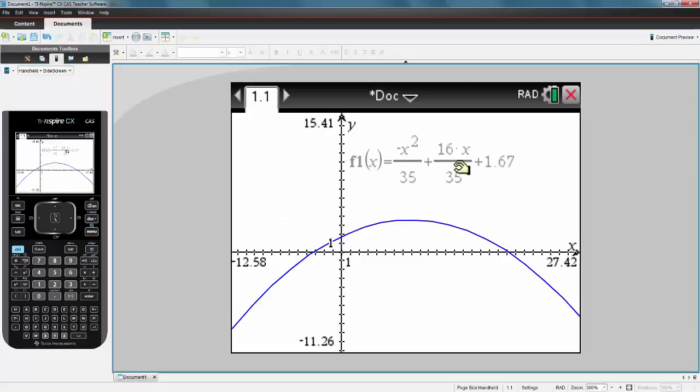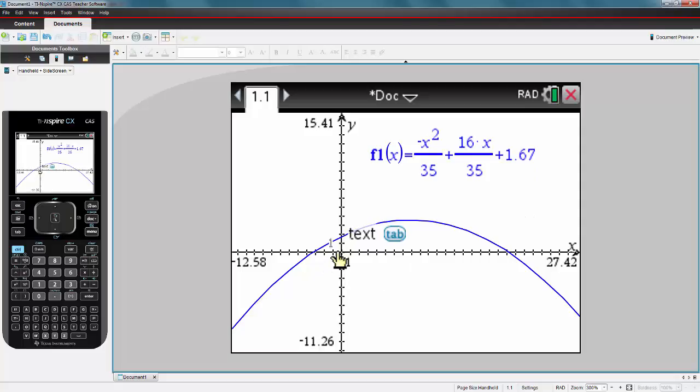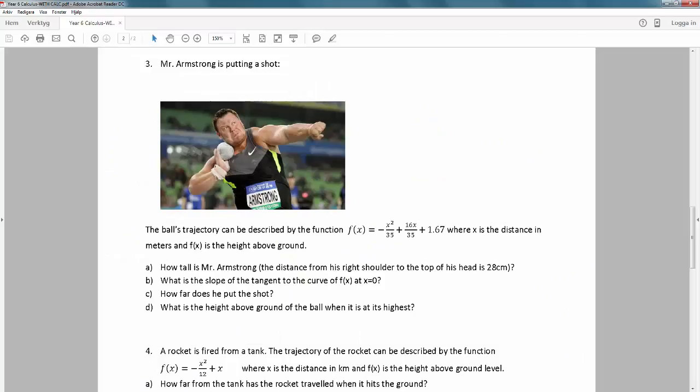We can just look at the function, f of 0. This is going to be 0, this is going to be 0, and this is left. So 1.67 is the y-intercept. So 1.67 meters is where the ball is located, and then we have to add 28 centimeters, because that's the distance from the ball to the top of his head. Then we will have Mr.